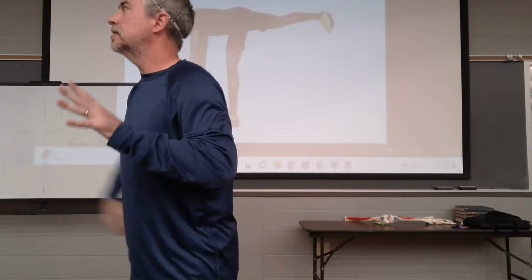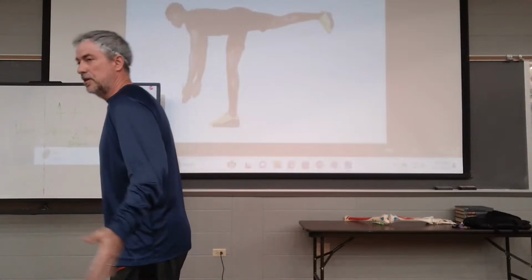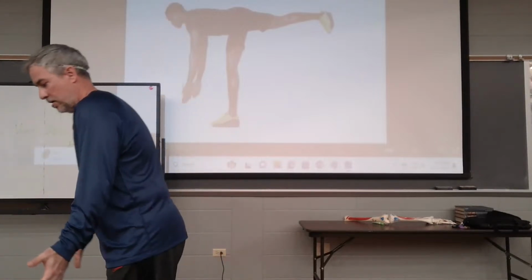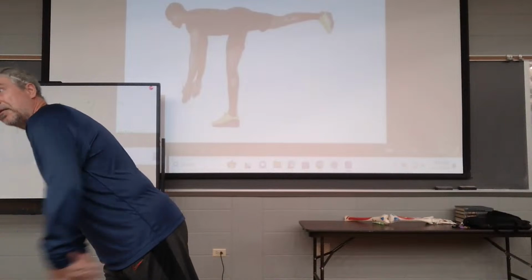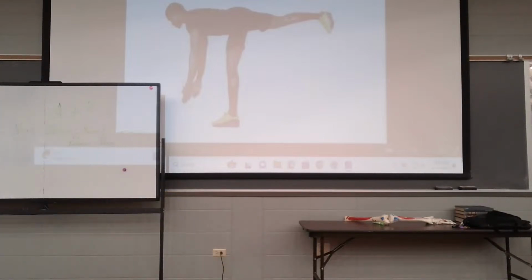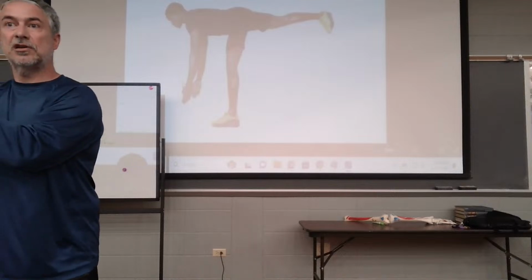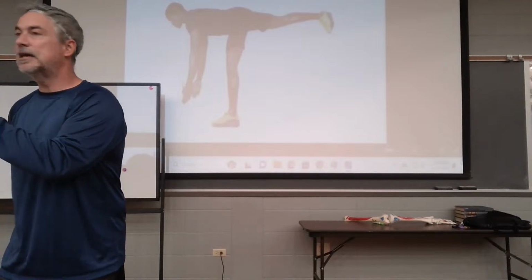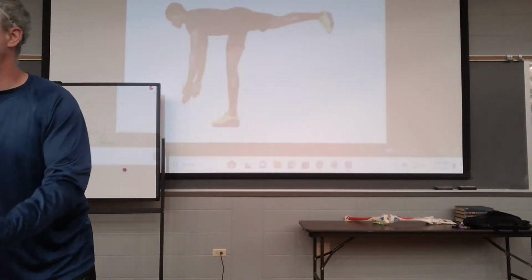Okay. Does it make sense that this person has more stuff in the front of his hip than the back of his hip? So in other words, if he relaxes, he's going to flex. True? So what group of muscles would he need during this exercise? His right hip extensors.